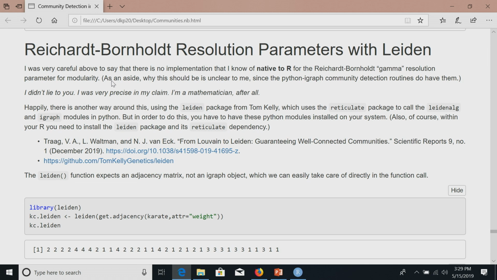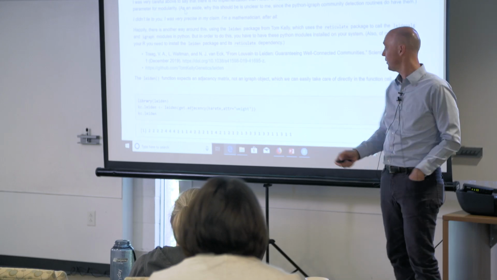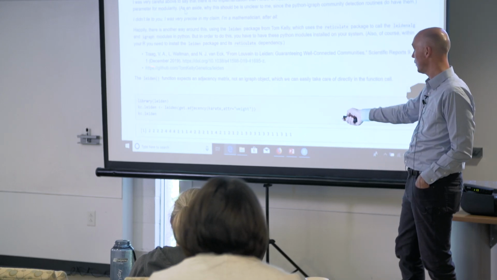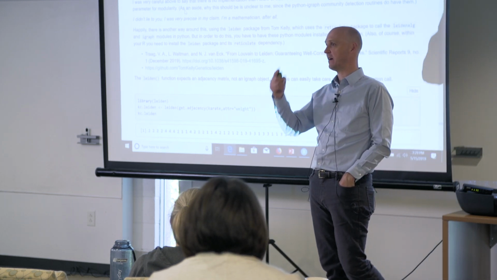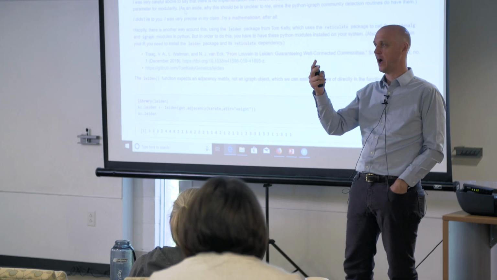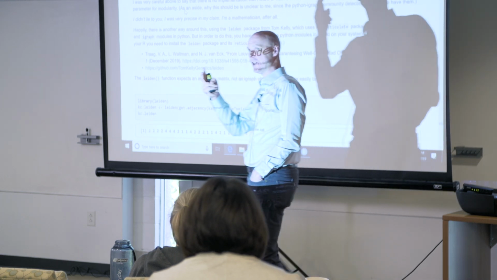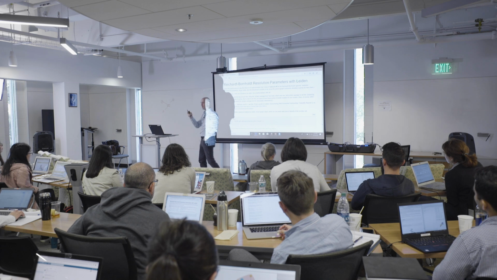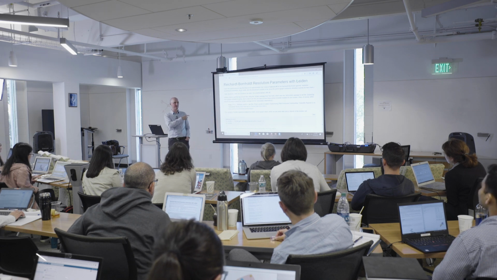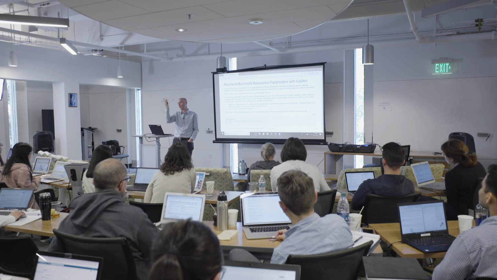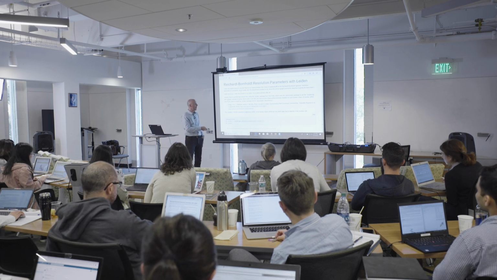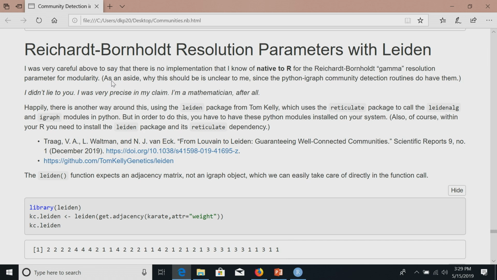So in order for this to work on your computer, anything from this part of the document down, you have to go to Tom Kelly's webpage right here and follow the instructions. And you have to have igraph and leidenalg installed in your Python on your computer because all R is going to do is call Python. And obviously, if it calls it and it doesn't work, then that's not going to work. So that basically lets you do the same thing.